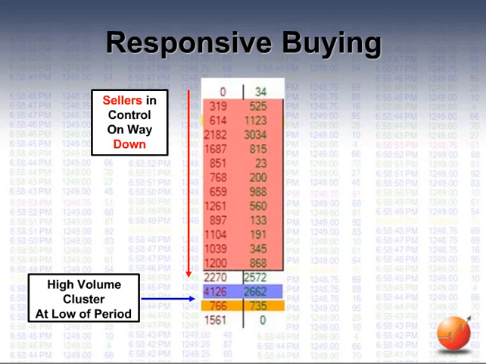So as it ticked down 3 levels, we see 2182 against 3034. Doesn't it stand to reason that at that point in time, the high volume purple line was there? Correct? Would everybody agree with that? So as we see this develop in real time, obviously, at some point, the sellers drove through the highest volume point and took control of this.